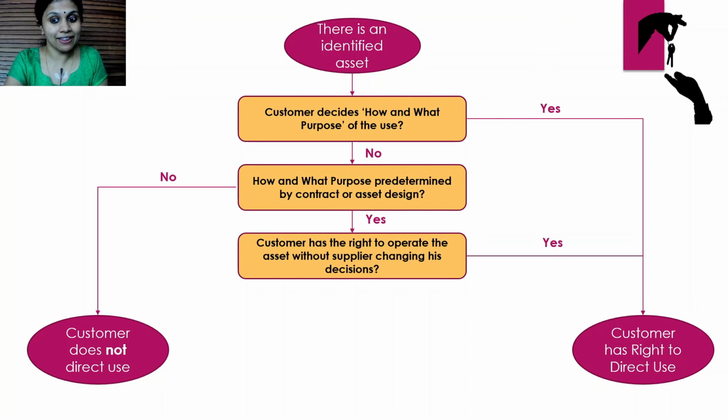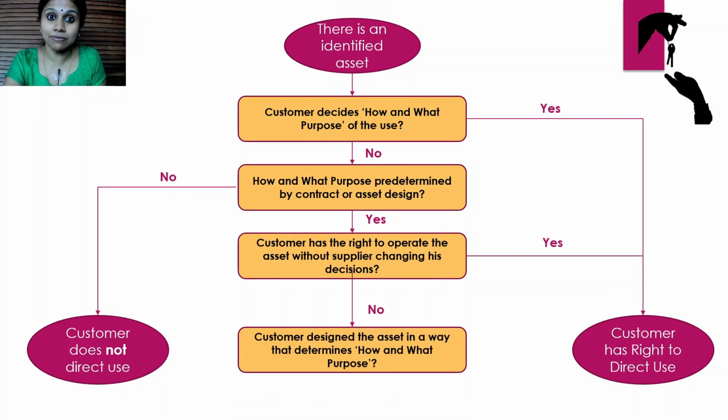If yes, then he does have the right to direct use. If no, you check if it was the customer who had designed the asset in such a way that the how and what purpose has been predetermined. If yes, the customer has the right to direct use, and if no, the customer does not direct use.